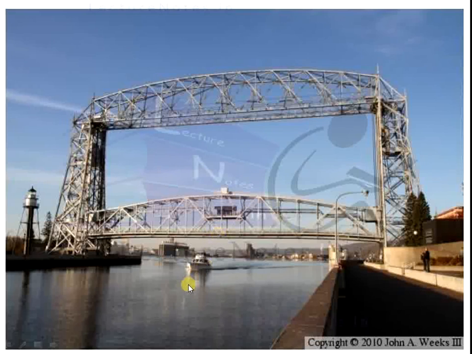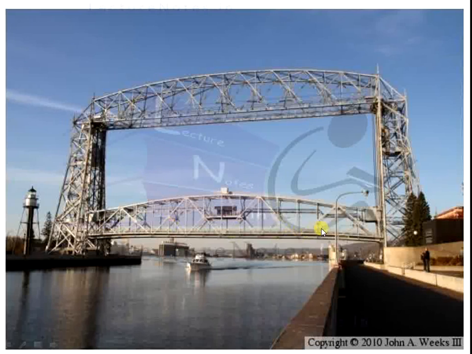Here we see a ship passing in the river. We maintain the height of the bridge to allow navigation without disturbance. This is the main function of the vertical lift bridge.